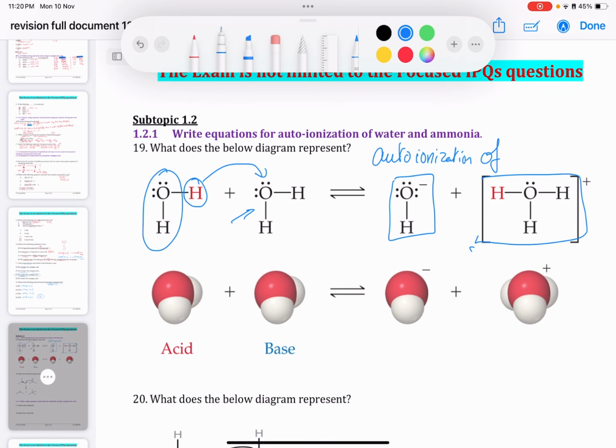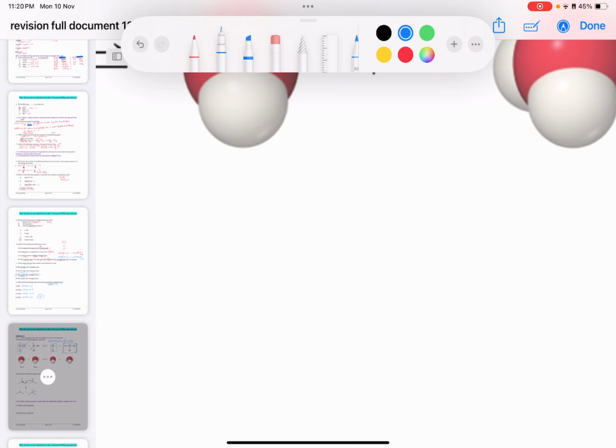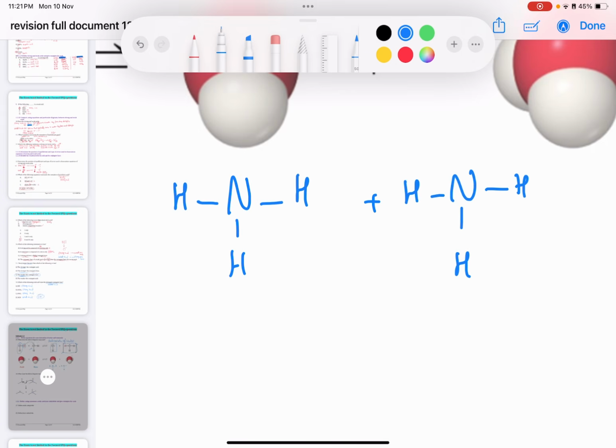Now we have another one, an auto-ionization for ammonia. I'm going to write it over here, NH3. When NH3 auto-ionizes itself, one of them will act as an acid, one will act as a base.